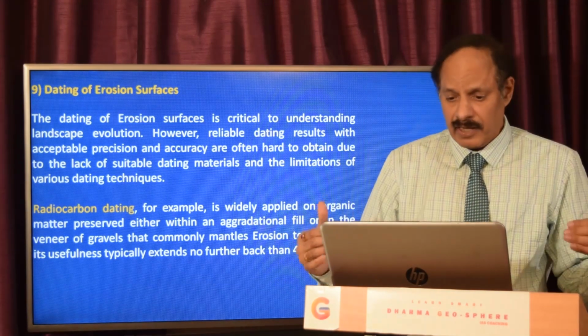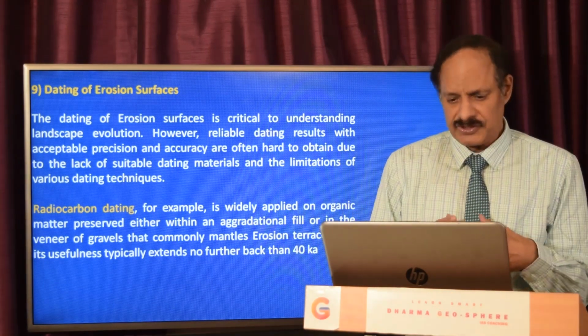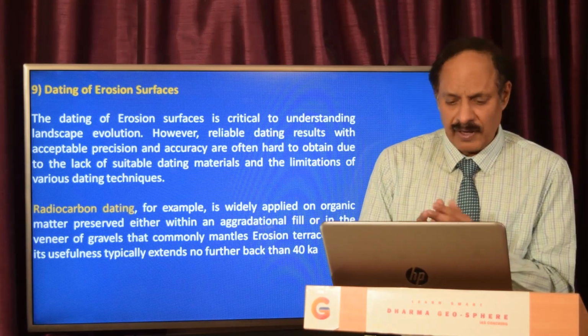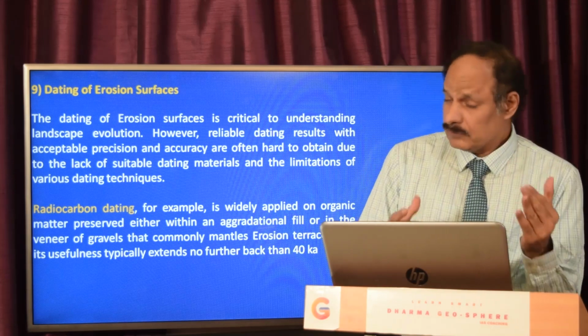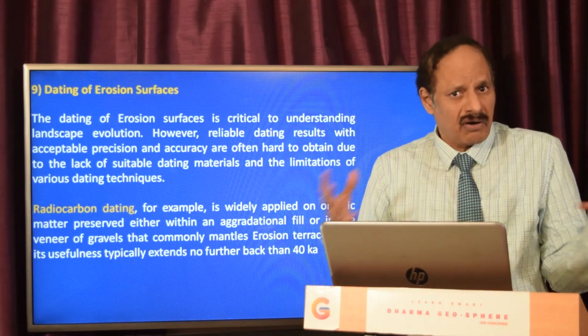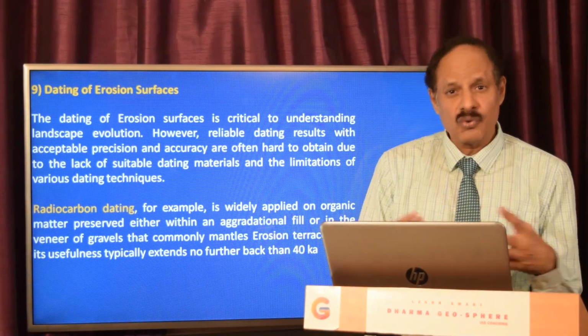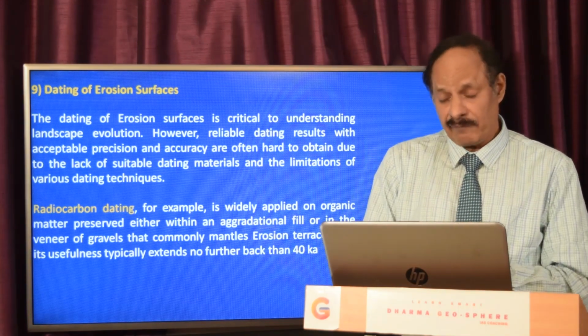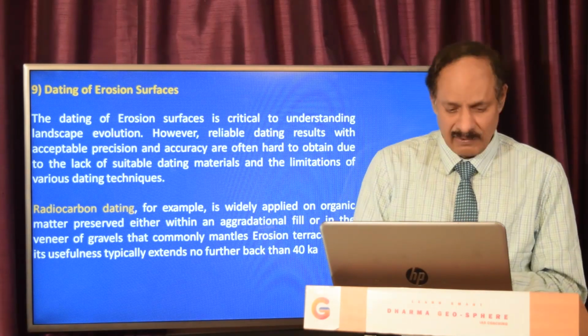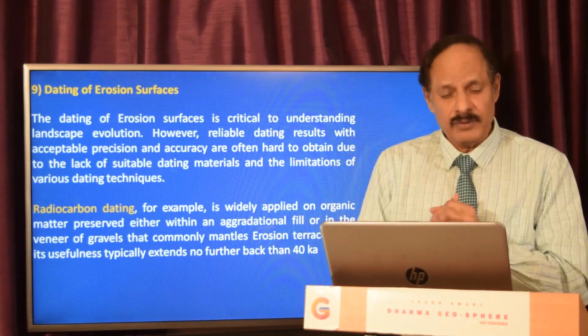Besides reliable dating results with acceptable precision and accuracy, it is hard to find a suitable dating material, and it is also quite difficult. See, organic or sedimentary rocks do not have such dating materials as can be found in igneous rocks, like the zircons, which preserve very old ages.